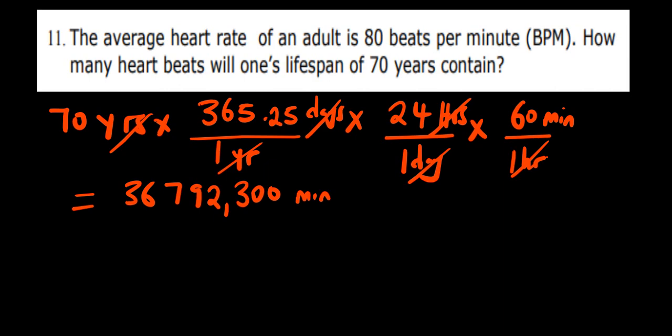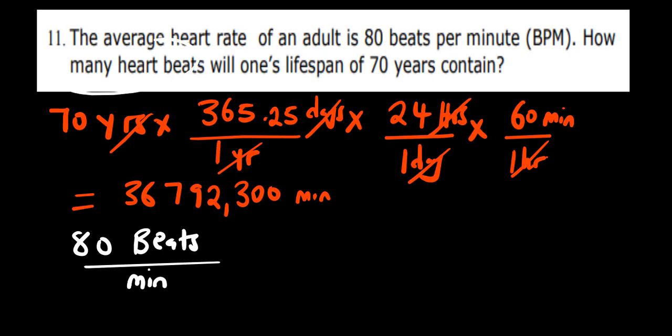Okay, now that we've got it in minutes, even easier, we've been told that the average heart rate of an adult is 80 beats per minute. Now we have to convert this to beats, because they're asking us how many beats in one's life.